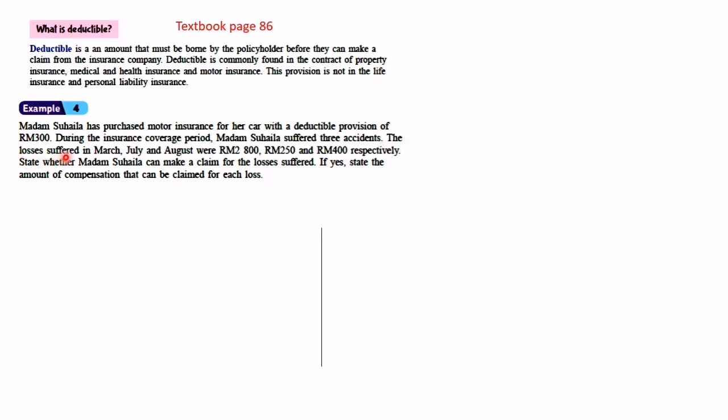The losses suffered in March, July, and August were 2,800 ringgit, 250 ringgit, and 400 ringgit, respectively. State whether Madam Suhaila can make a claim for the losses suffered. If yes, state the amount of compensation that can be claimed for each loss.